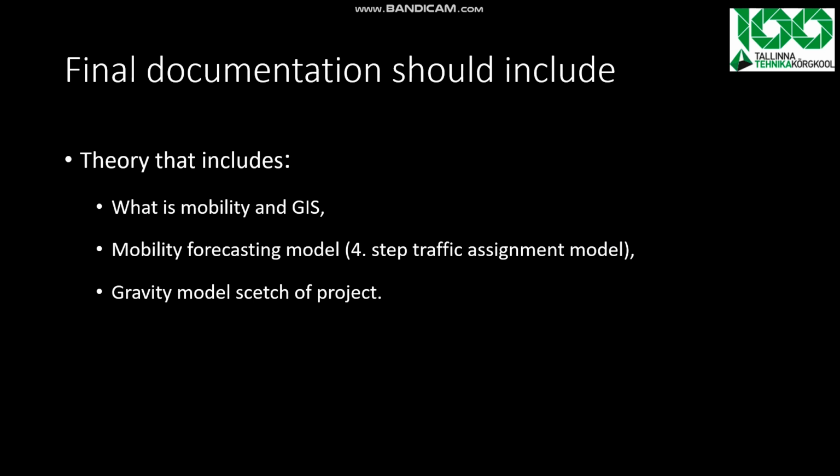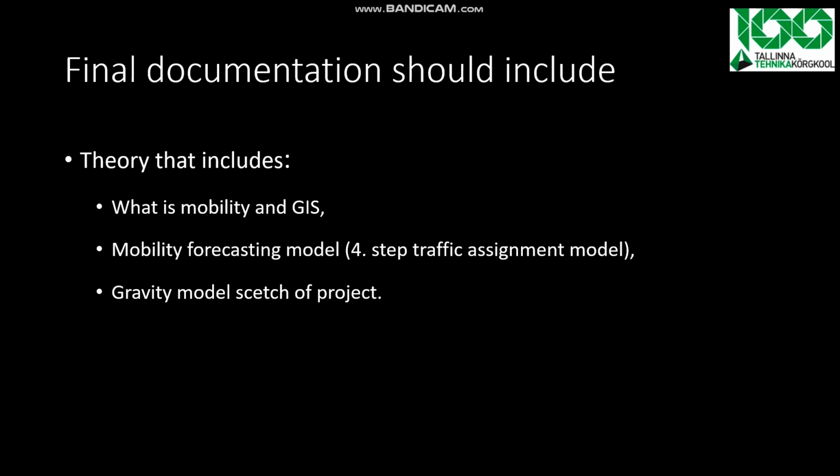Final documentation should also include a theory part that includes what mobility and GIS are. This is the first part. You will make it as individual work, but you have a maximum of 3 members in the group, so you could choose one member's work. Then the mobility forecasting model.